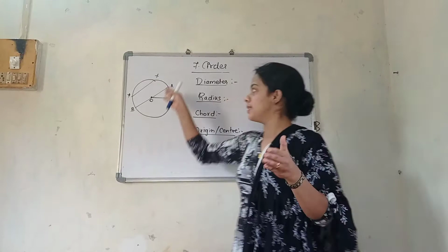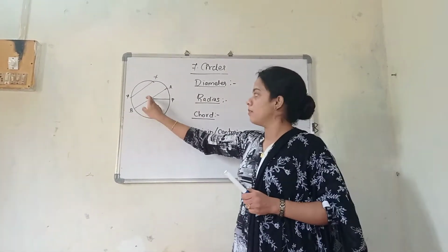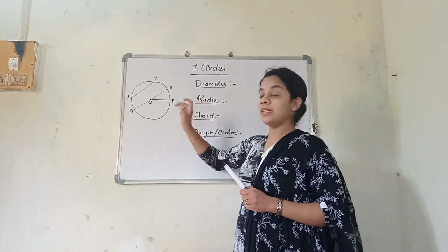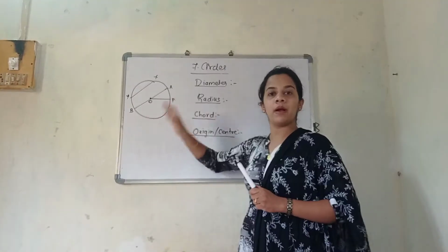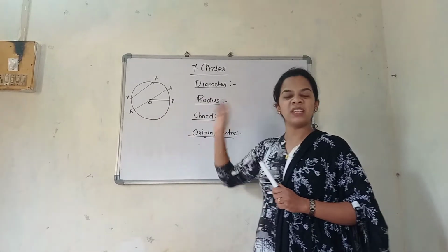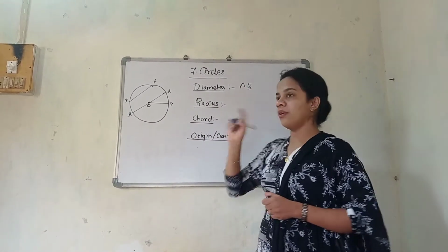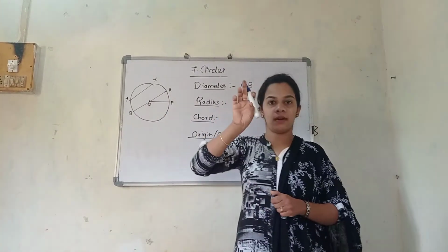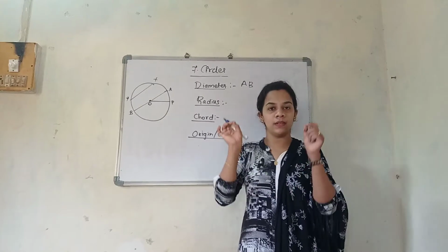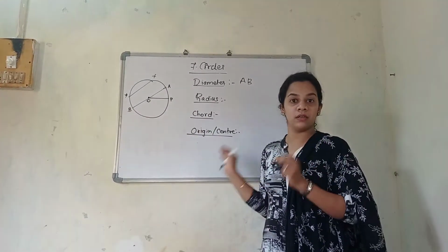For example, if you can see over here, AB is passing through the center and it is touching both different points of the circle. So that is your diameter. The diameter will be AB. Don't try and write AOB. Don't do that, okay? AB is the diameter of this circle.